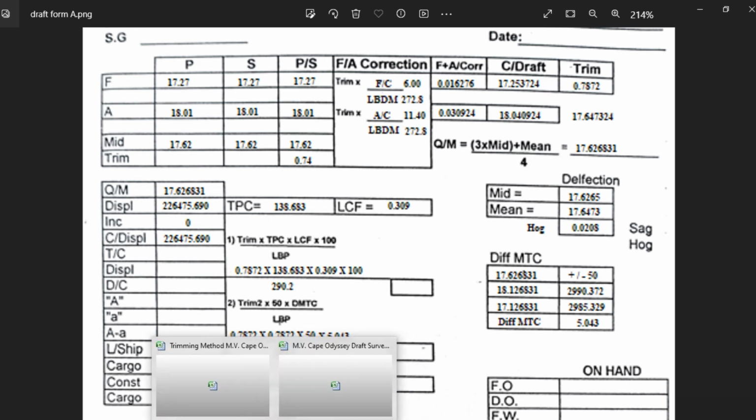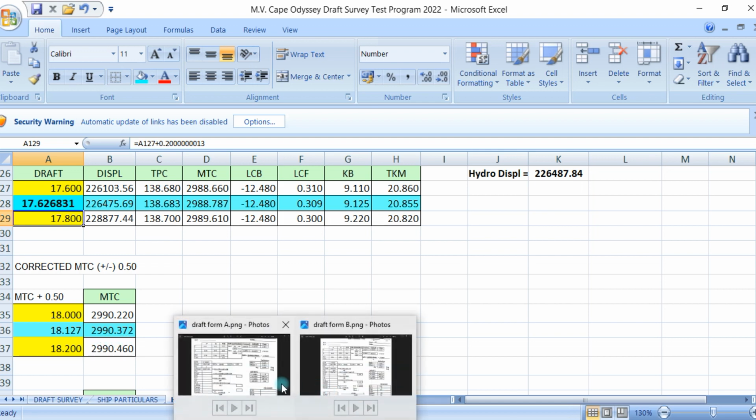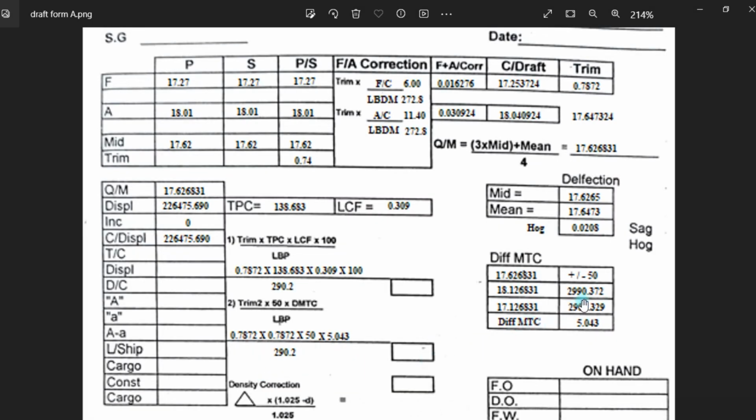What would be the value? The value would be 2990372.